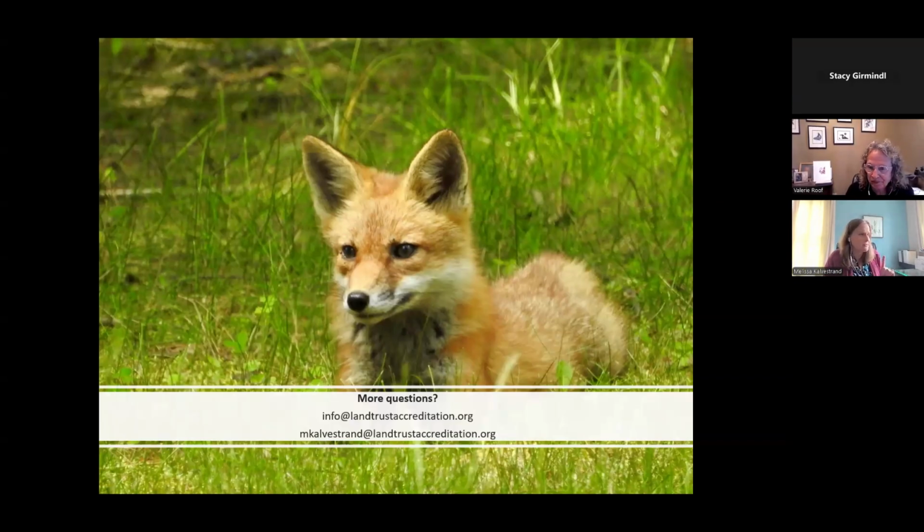I see a question from Lisa about the net operating reserves, and is that required to be shown on the board financial reports? I'll say it doesn't have to be a specific fund that says this is our operating reserve. We're looking at an organization's net asset position and which of those resources are available for operations.